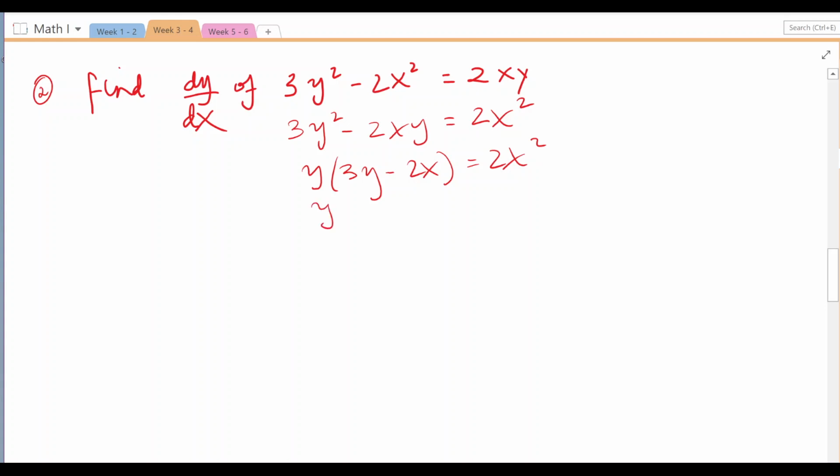So if you try to do it like this, you still cannot successfully express y exclusively, moving all the y to the left hand side. Okay, 3y minus 2x, so we still have y here and then y here. So in that situation, we use implicit differentiation.